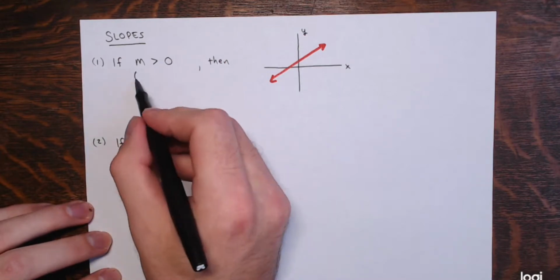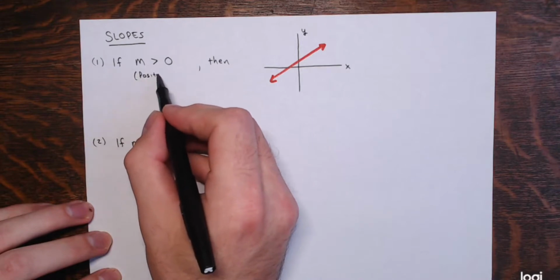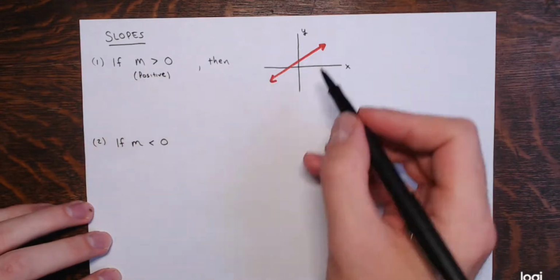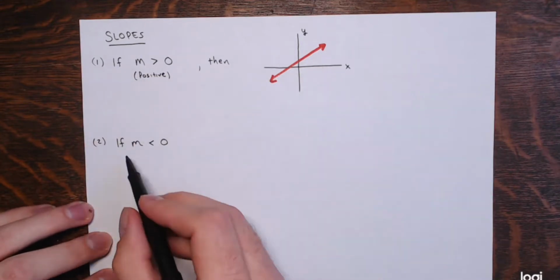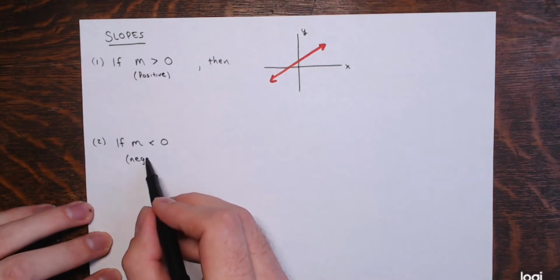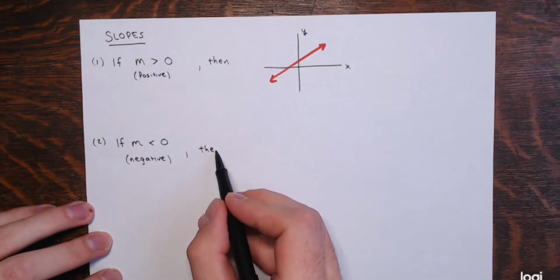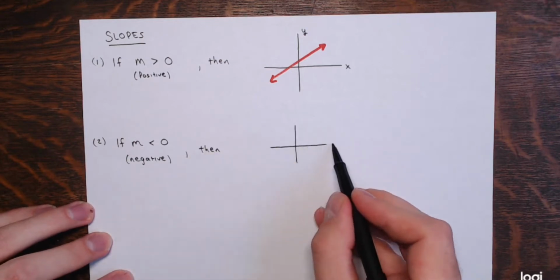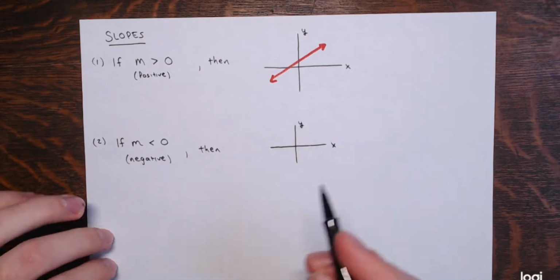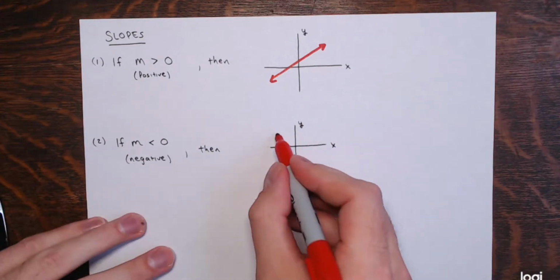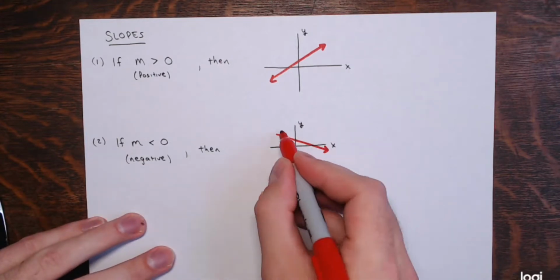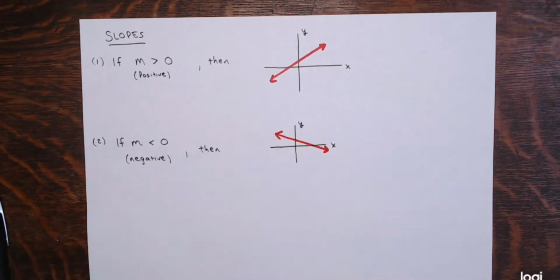So again, this was positive slope. The line will be going up as you go to the right. Here's a negative slope, right? And again, a very quick XY plane here. The graph of the line will be going down as you go to the right, down to the right.